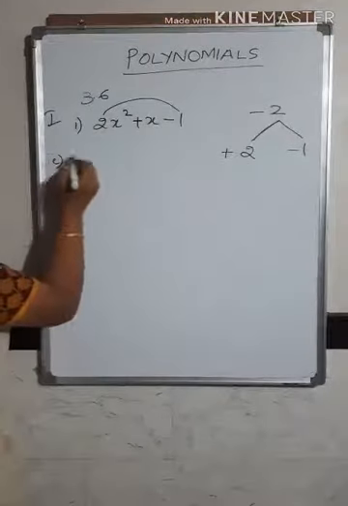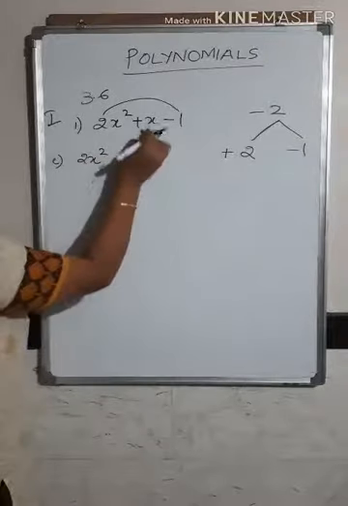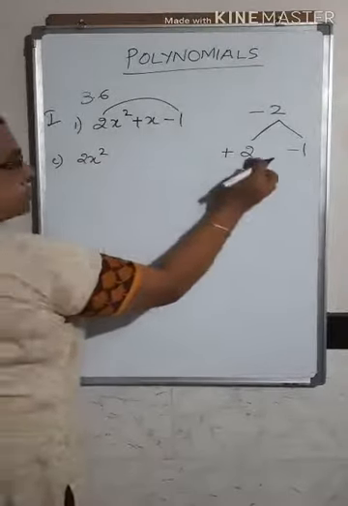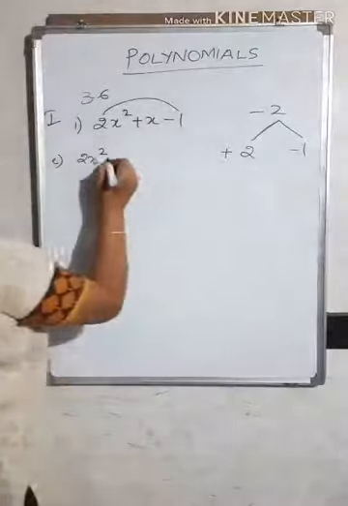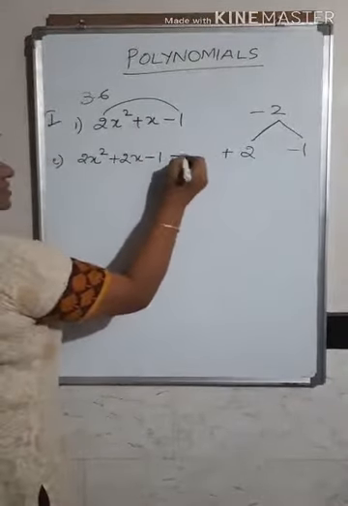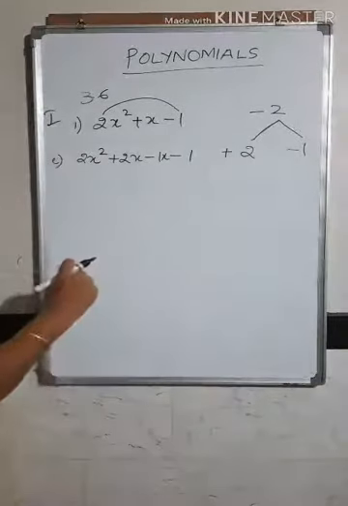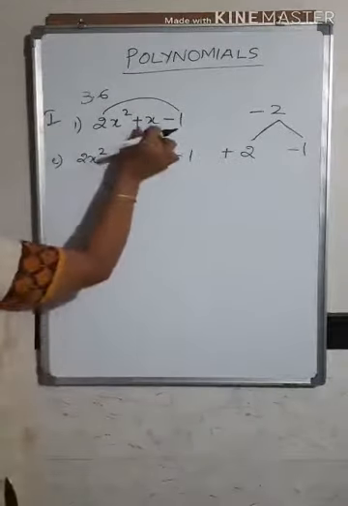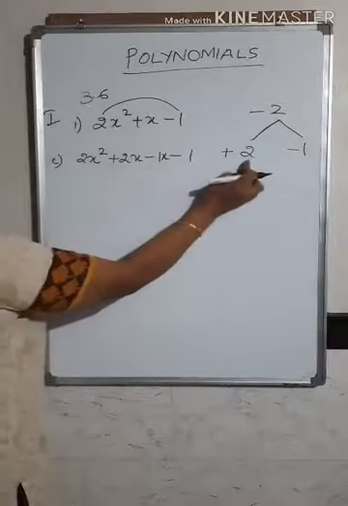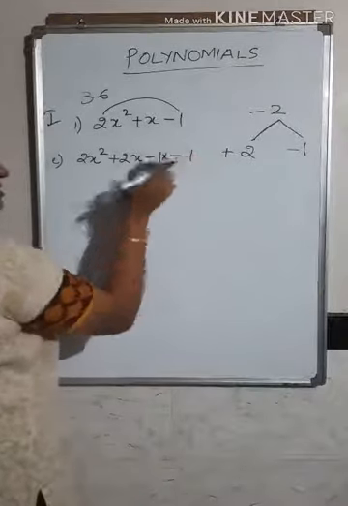Now this further is written as: write the first term as it is. The middle term, you are going to split in these factors. So you will get plus 2x minus 1x, and the last term minus 1 is written as it is. So the middle term x, you split as 2x minus 1x, and the last term is written as it is.